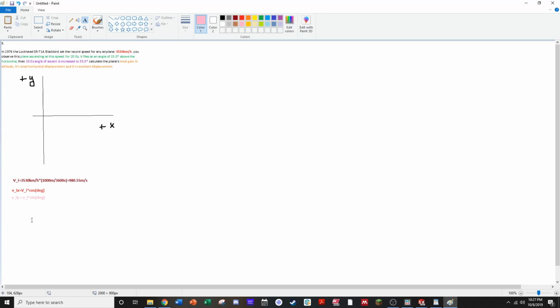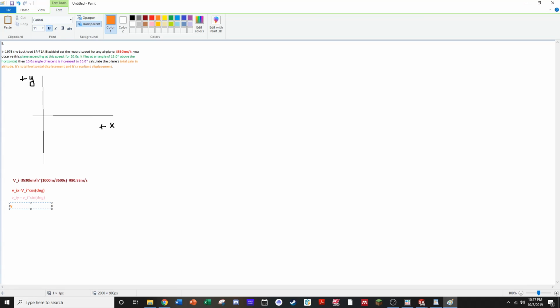Well, actually those two don't change, so we need to also figure out what y sub 1 is, and that's going to be v sub iy, which is why we need to figure that one out, times the first time, so the first duration, minus 1/2 of g times t squared.